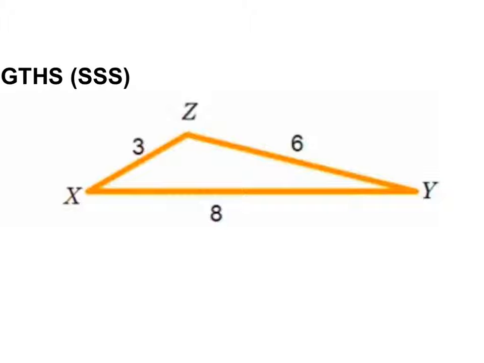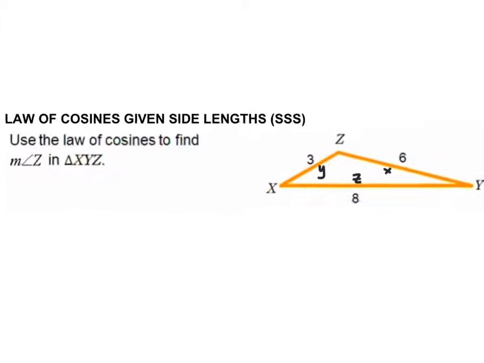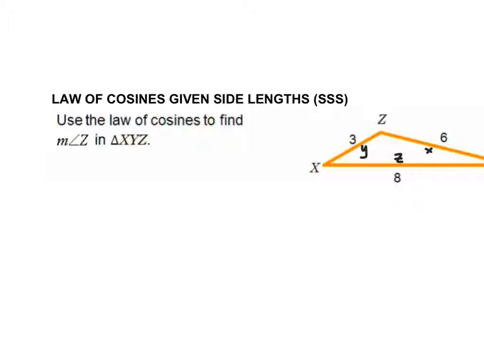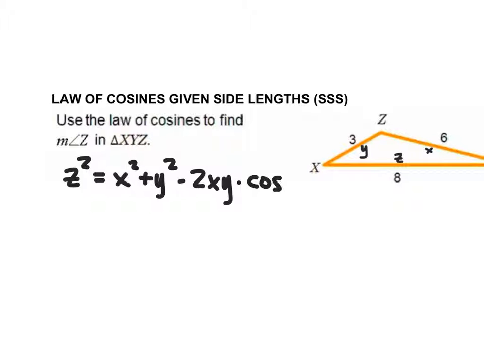We already have X, Y, and Z, but I'm going to label this side as side length Z, side length Y, and side length X, okay? Now, because we're solving for angle Z, remember, we're going to want to have cosine of Z. So I would write this out as Z squared is equal to X squared plus Y squared minus 2XY times cosine of angle Z, okay?